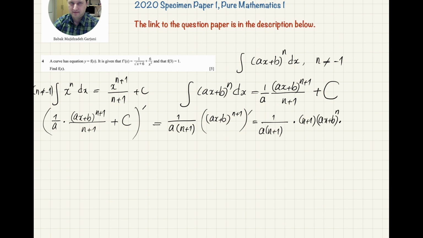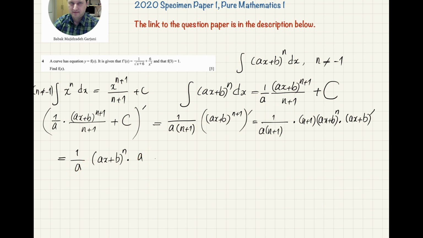By the chain rule, you need to multiply by the derivative of the base as well. The n plus 1 here and that n plus 1 cancel, so I get 1 over a times (ax plus b) to the power of n, multiplied by the derivative of the base, which is simply a. Then again, this a and that 1 over a cancel.